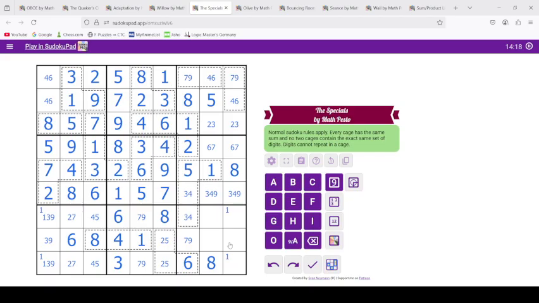Over here we have 2, 3, 5, 7, 9. Way too many options. 9, 4 makes out of 3. And out of 3.